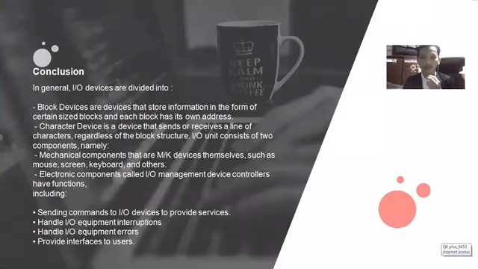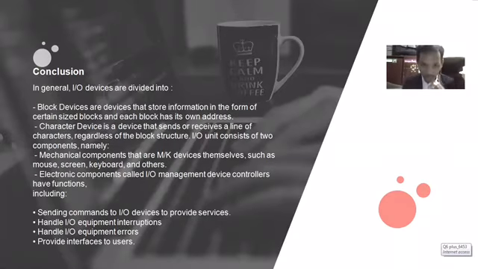And now I will explain the conclusion of our presentation. In general, I/O devices are divided into block devices, devices that store information in blocks of a certain size, where each block has its own address. A character device sends or receives a stream of characters regardless of block structure.